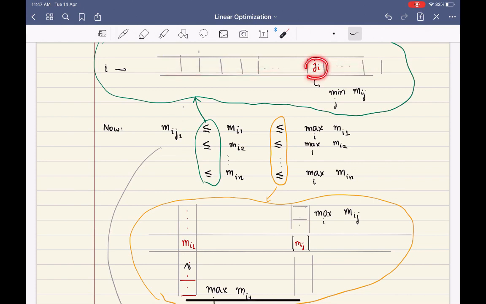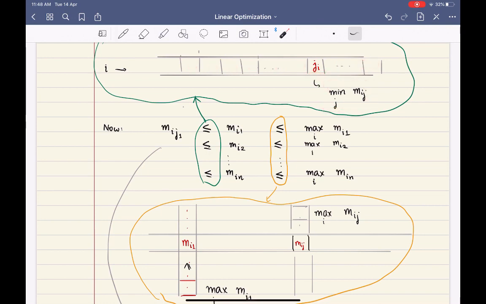Which means that this thing is smaller than the first element, the second element, and so on. So mij1 is smaller than or equal to mi1, mi2, and so on. That is what this part is telling. So forget about this for the moment. This thing just says that my mij1 is smaller than each of them because we have chosen the min.